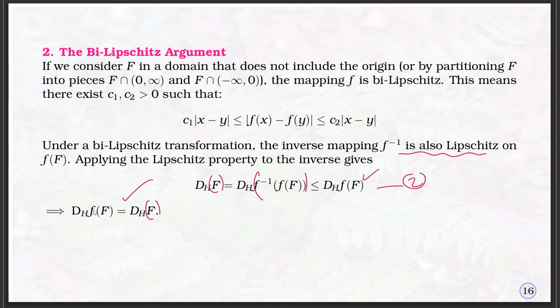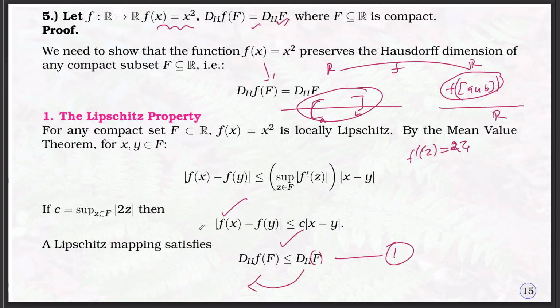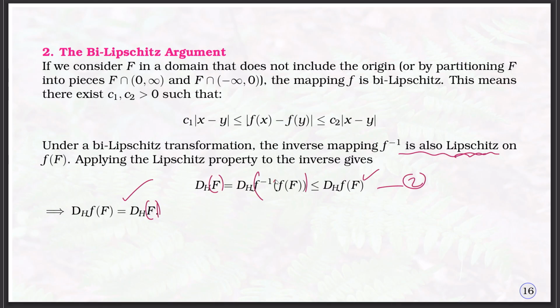The Hausdorff dimension of f of E equal to Hausdorff dimension of E. So here again f inverse is Lipschitz on f of E. The same rule we are applying here. Therefore, the Hausdorff dimension of f inverse of this set is less than or equal to the Hausdorff dimension of this set. So from 1 and 2 we arrive at this result.